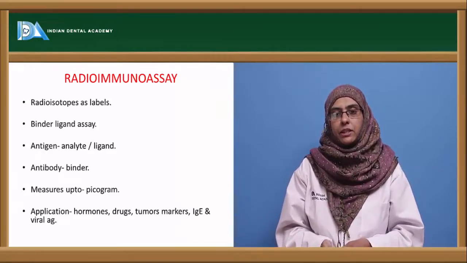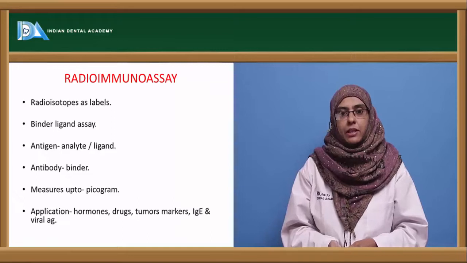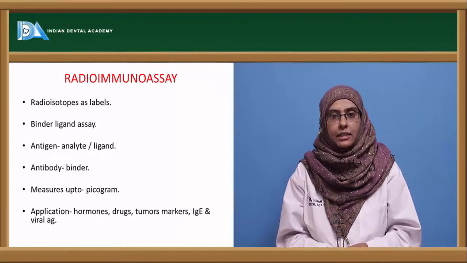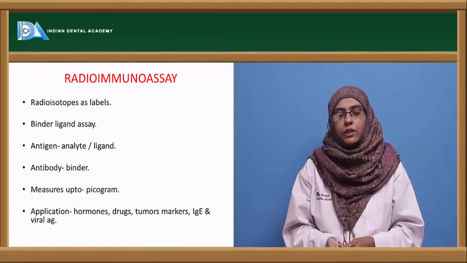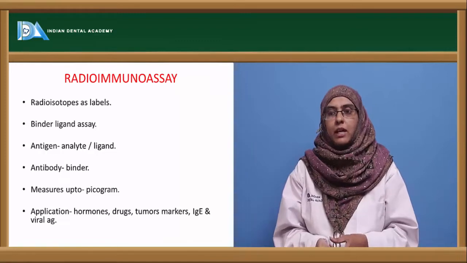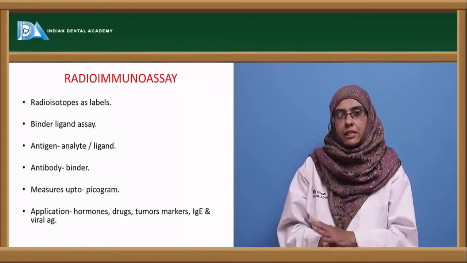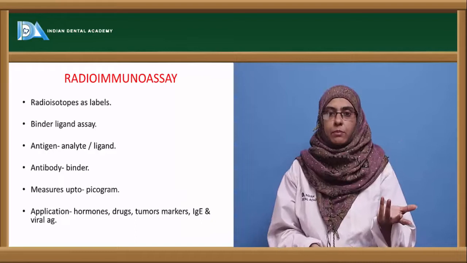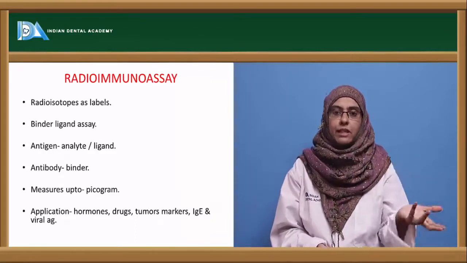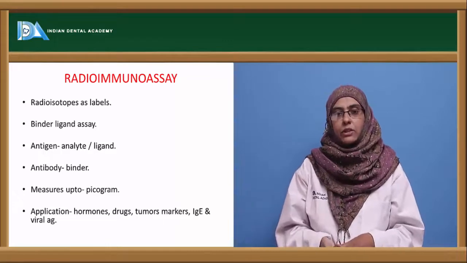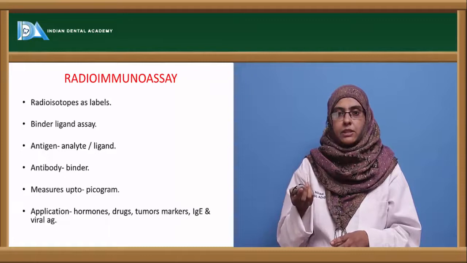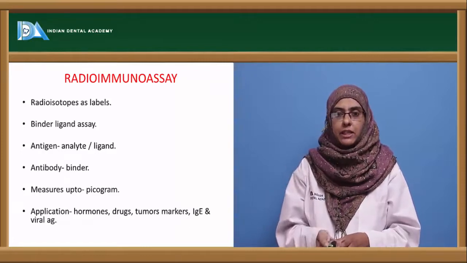Now, apart from this, there is a modification by using different types of markers that can be conjugated to either the antigen or the antibody. They are called radioimmunoassay. Here, the marker that is used is a radioactive isotope that acts as a label. So, in the immunofluorescent technique, the fluorescent dye was the label used to conjugate with either antigen or antibody. Here, in the case of radioactive isotopes, the radiolabeled substances are usually conjugated to either antigen or antibody.